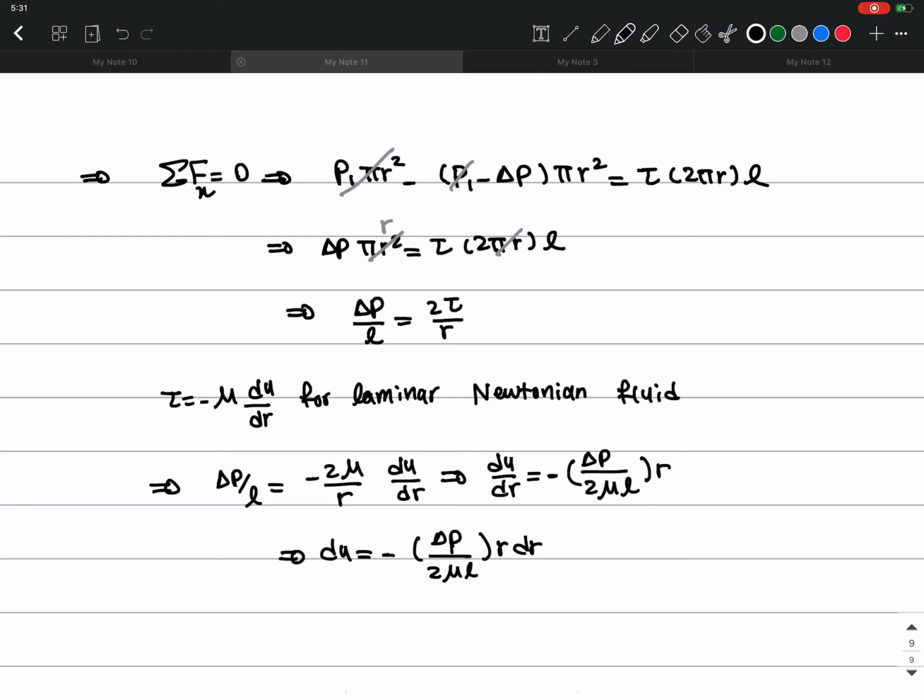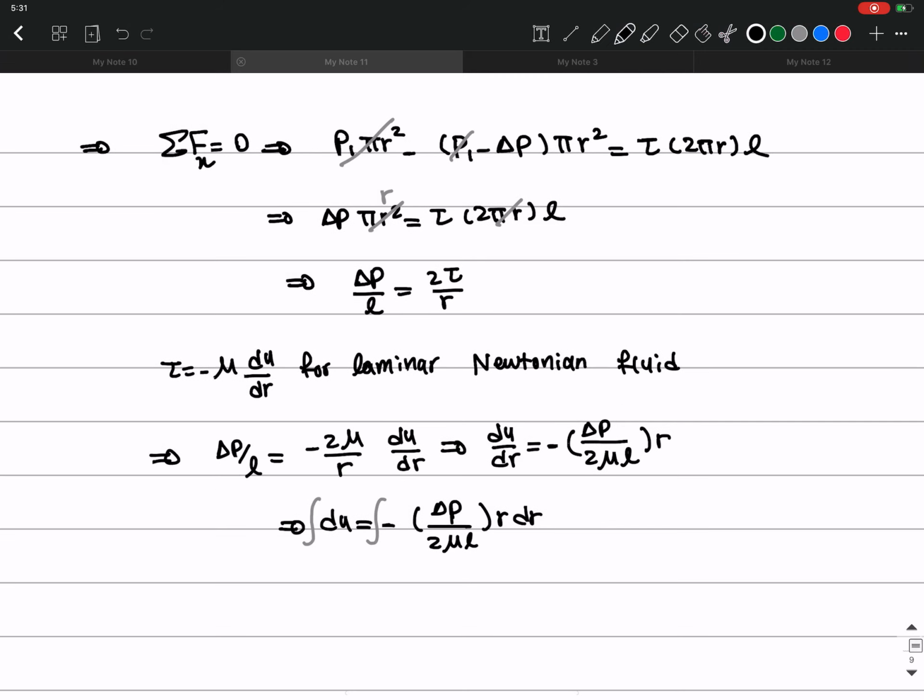And so I can integrate this to get u, the velocity distribution. Okay, so if you integrate this, the integral of du is going to be just u, so u of r equals the integral of the second term. This is constant, so I can take it out of the integral, and then the integral of r dr is going to be r squared over 2.